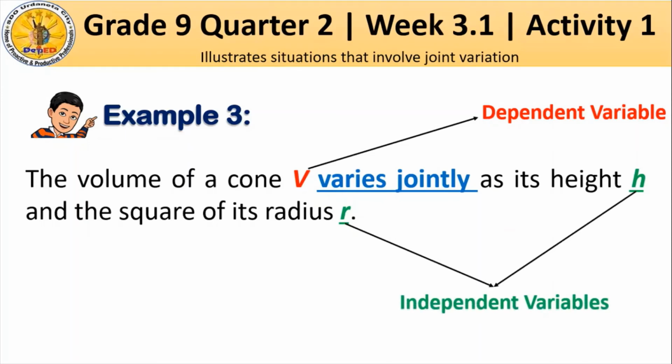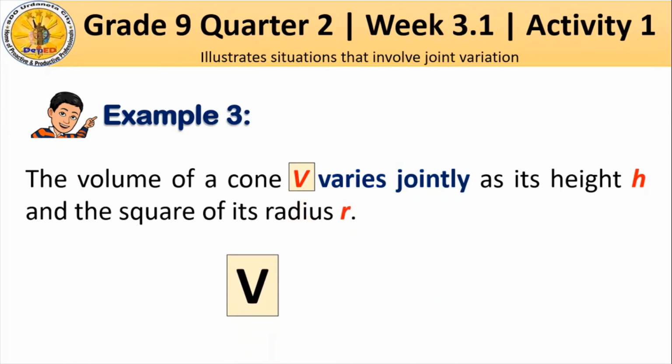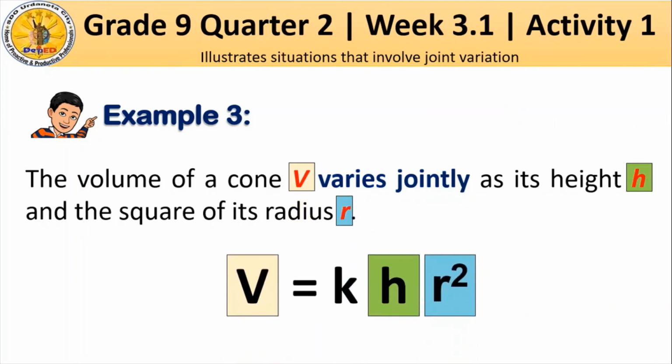So it could be translated as V is equal to K H R squared. As you can see, R is squared because of the statement square of its radius.